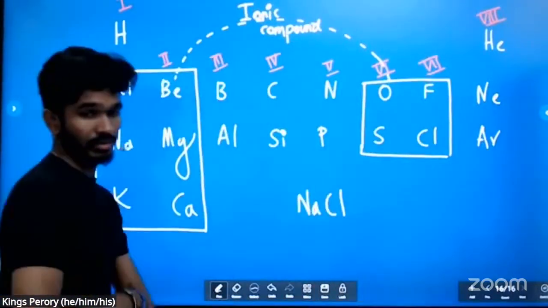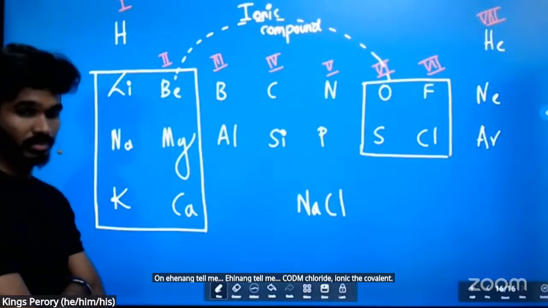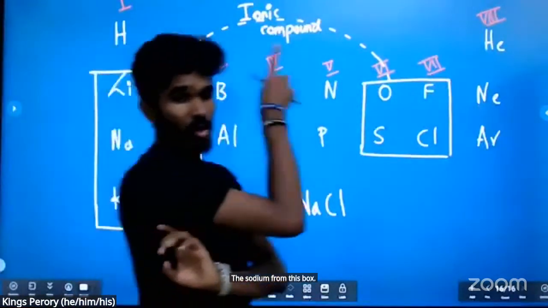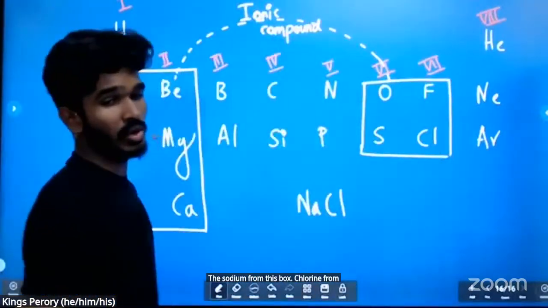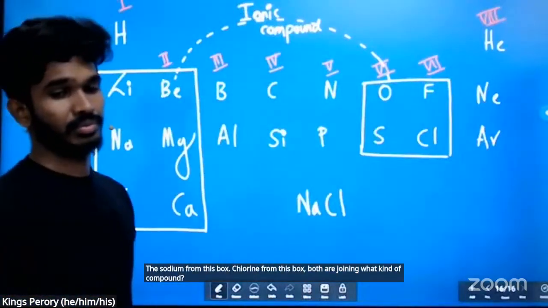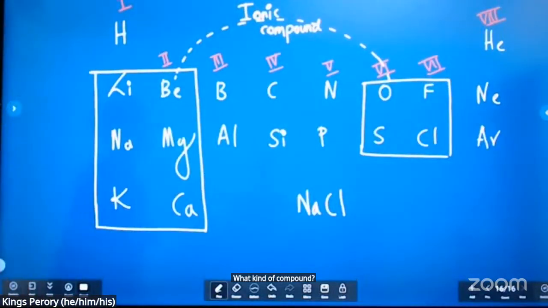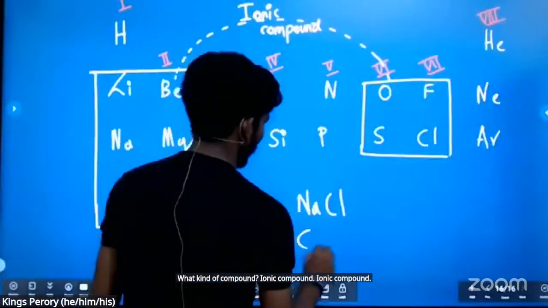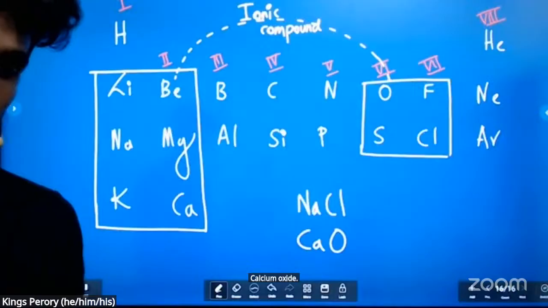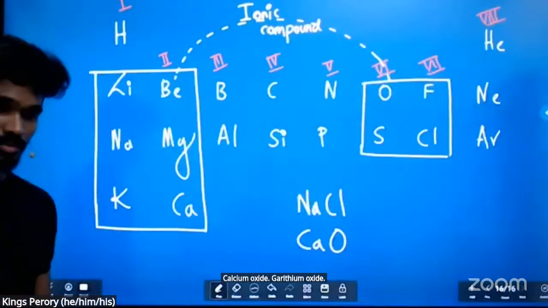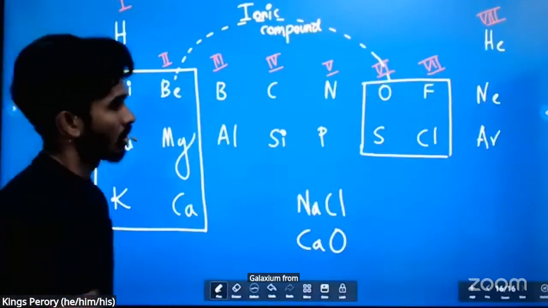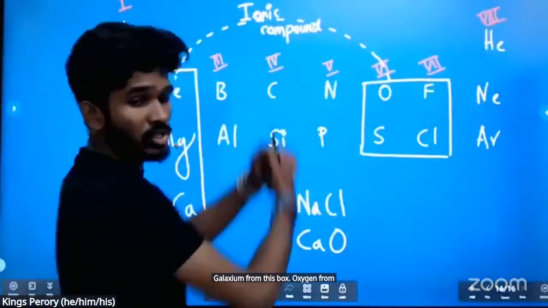Sodium chloride, ionic or covalent? See, sodium from this box, chlorine from this box, both are joining. What kind of compound? Ionic compound. Calcium oxide. Calcium from this box, oxygen from this box, both are joining.